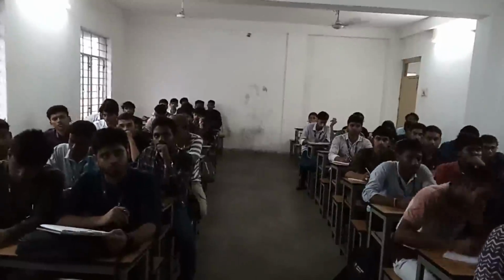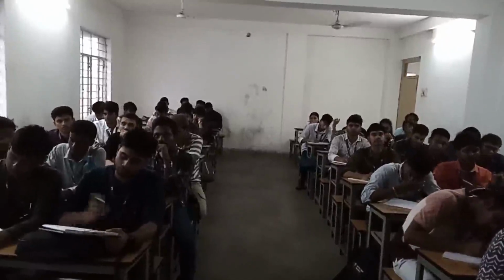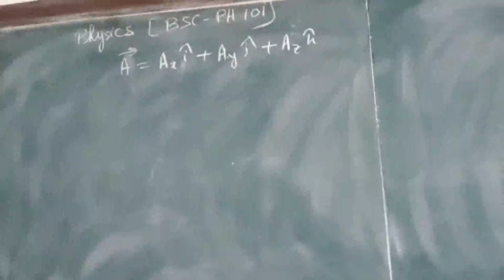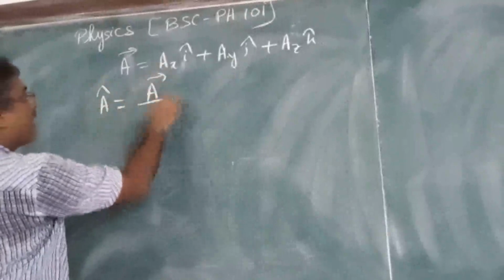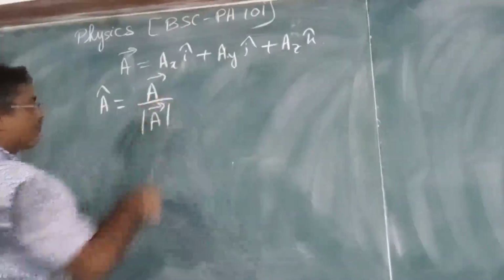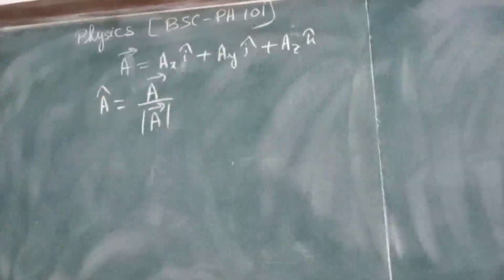That is called the unit vector. So the unit vector is defined as A cap equals vector A by magnitude of A.